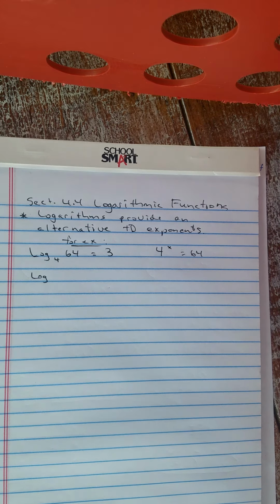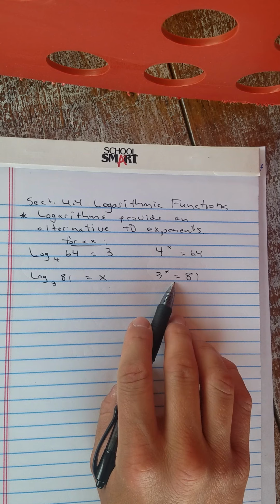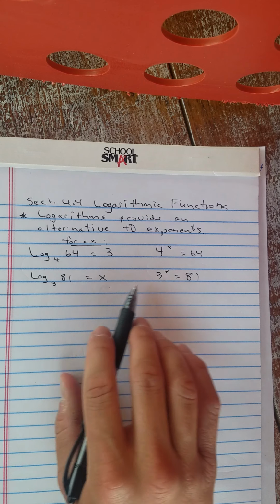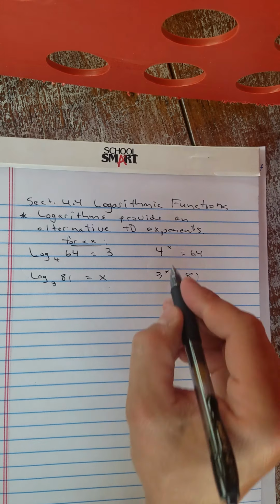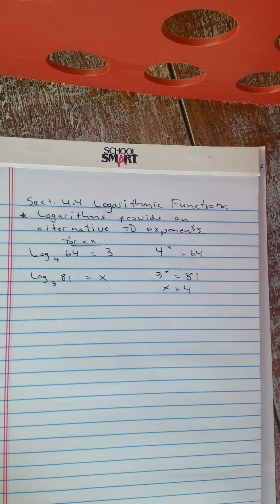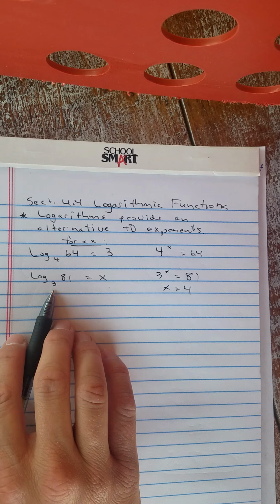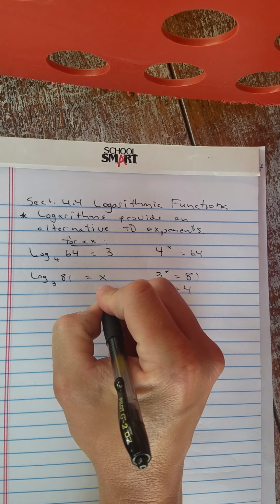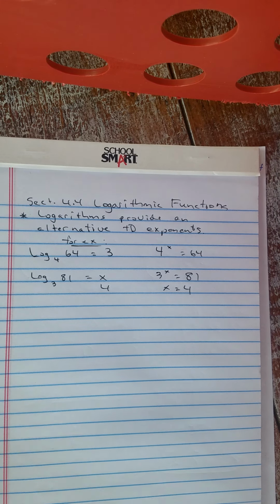Another way of writing it is 3 raised to the x power has to equal 81. These are just equivalent expressions to one another. This is the exponential form. This is the logarithmic form. So 3 raised to what power is 81? That would be 4. 3 to the fourth power is 81. So the log base 3 of 81 is 4 also.